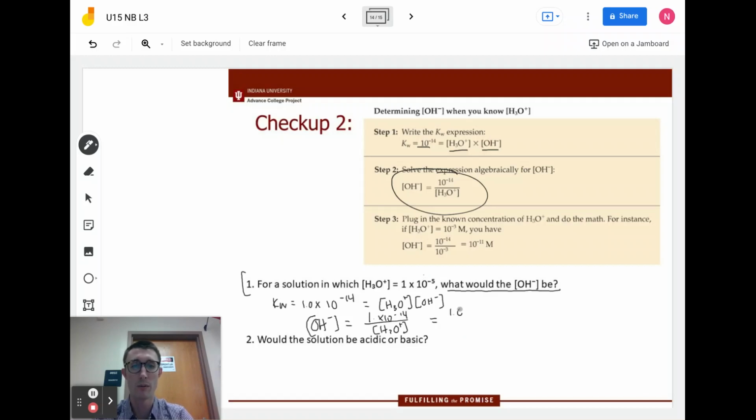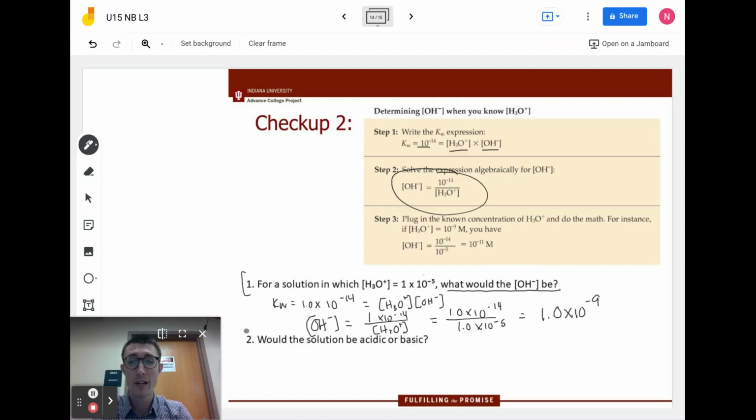So this equals 1.0 times 10 to the negative 14th divided by 1 times 10 to the negative 5th, given in the problem. And then we solve for what our OH minus concentration is. And what we end up with is 1.0 times 10 to the negative 9th.